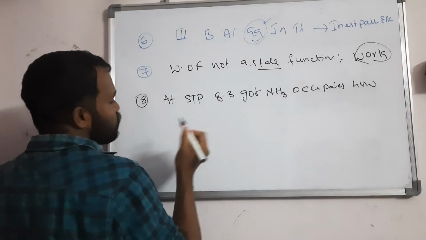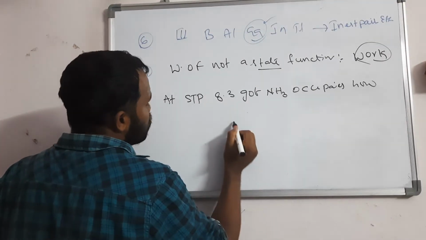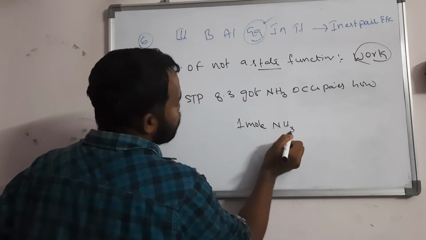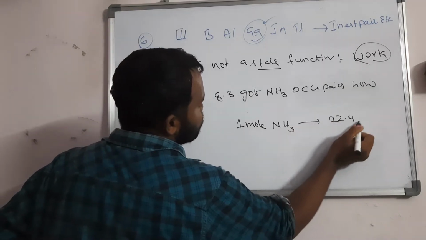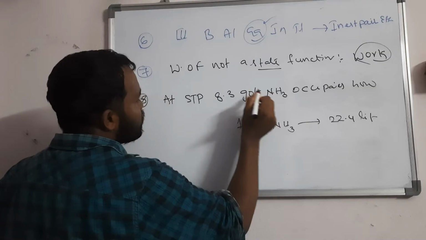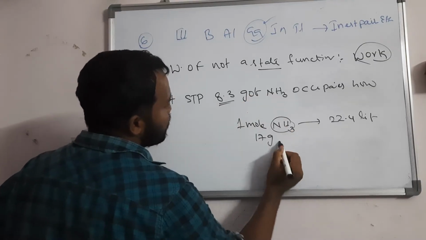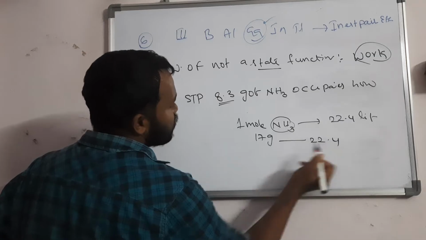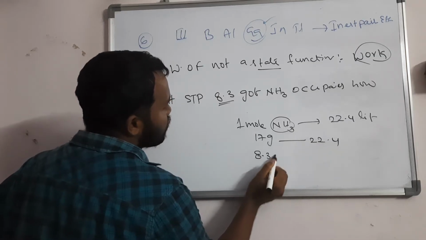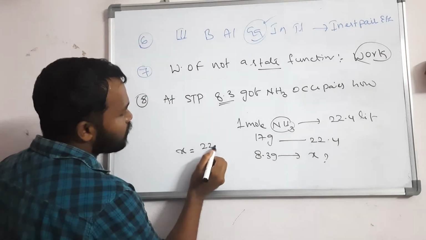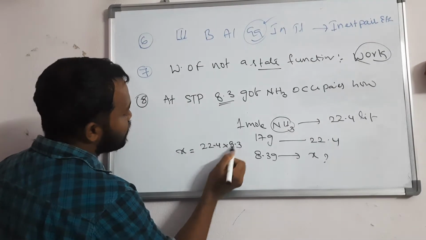We know that at STP 1 mole of ammonia, that is 17 grams, occupies 22.4 liters. Then 8.3 grams occupies how much? So X is equal to 22.4 into 8.3 divided by 17 is the answer.